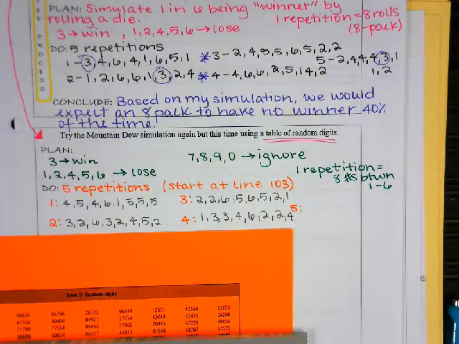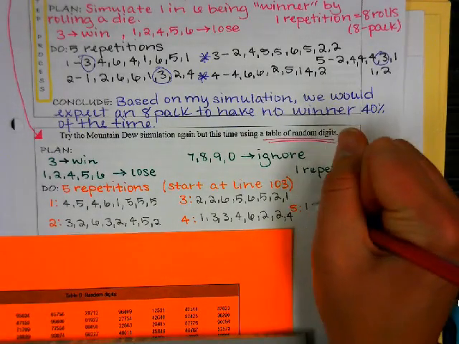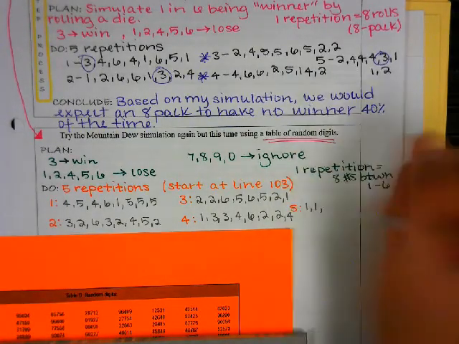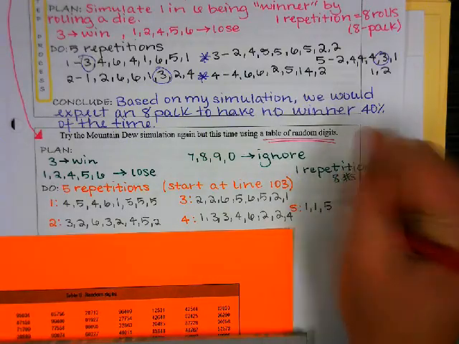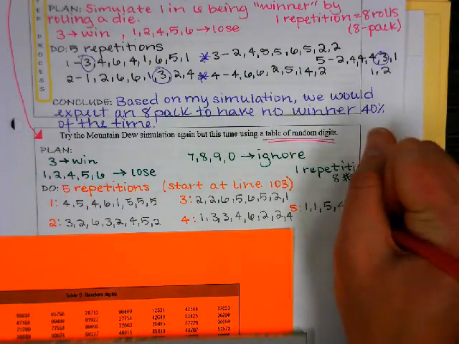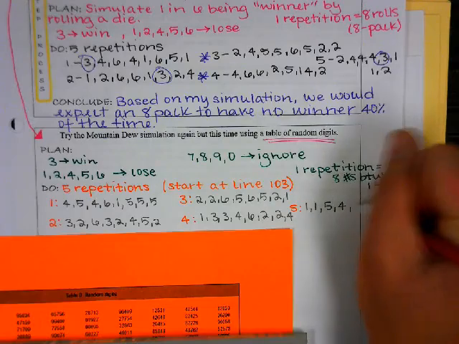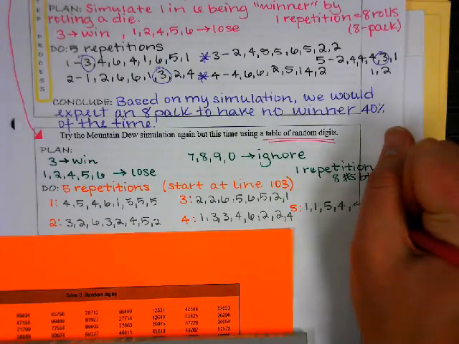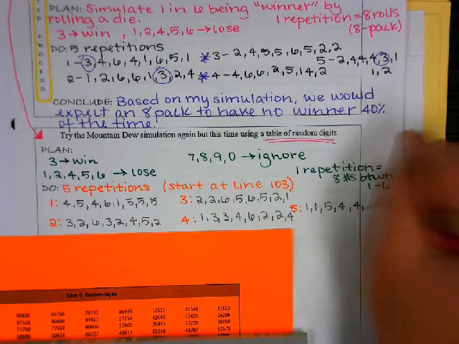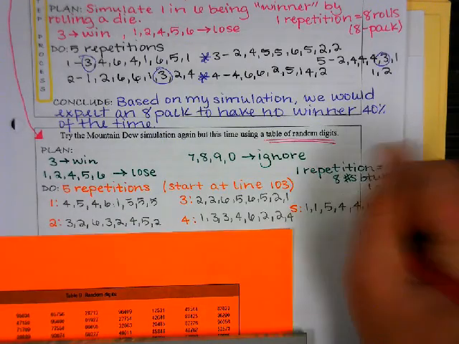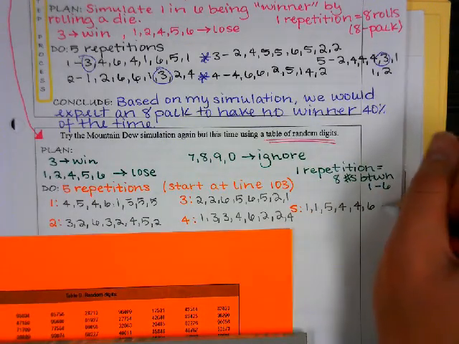Then I have 0, 0, which I ignore. 1, 1, 8 I ignore. 5, 8 I ignore. 4, 8, 4, 8, 7, 6, 7, 5, and 2.